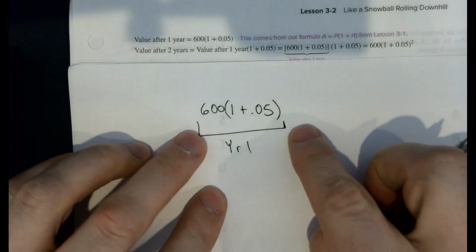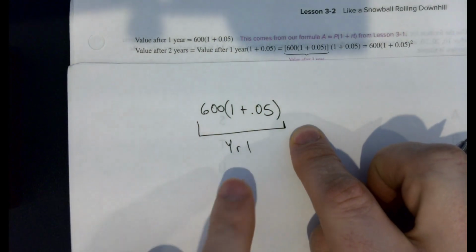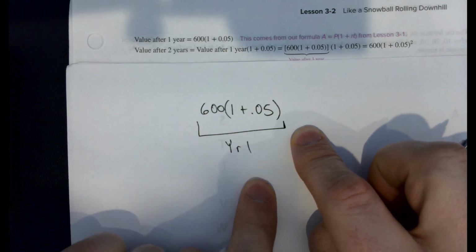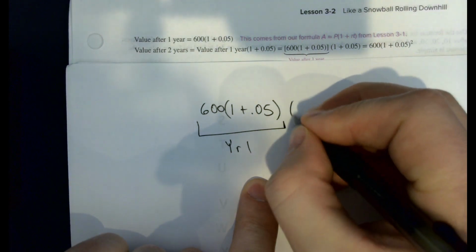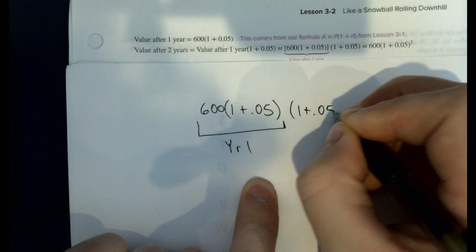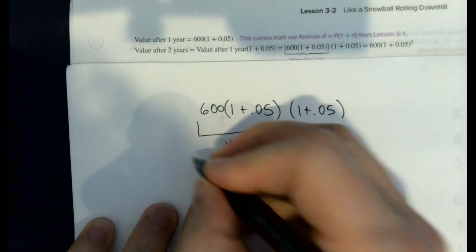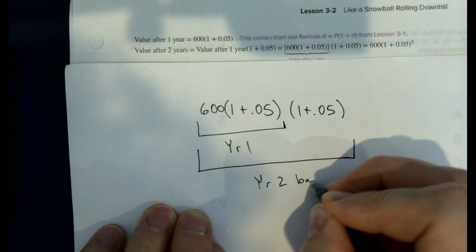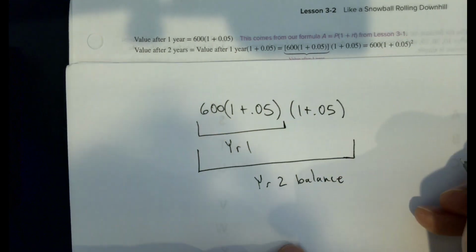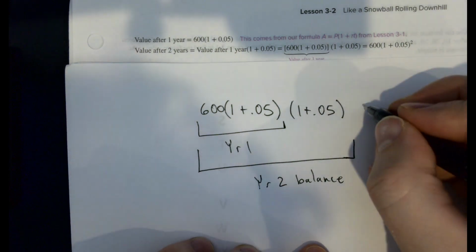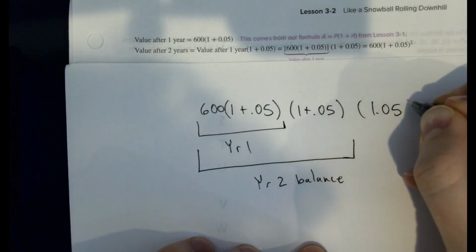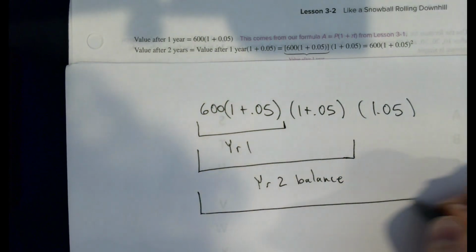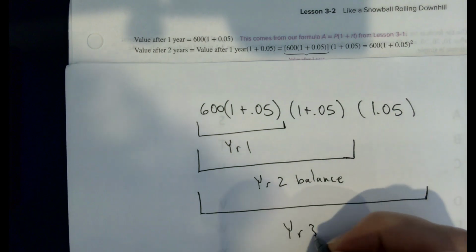And then we were taking that and saying, well, this becomes the new year 2 account balance. And so we're going to multiply that by 1 plus 0.05. And this total amount becomes the year 2 balance. And then we're doing that again times 1.05, and all of this became the year 3 balance.